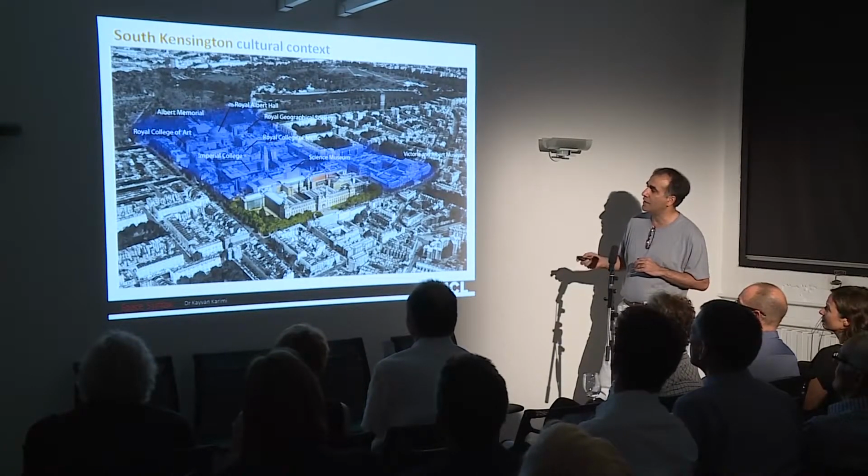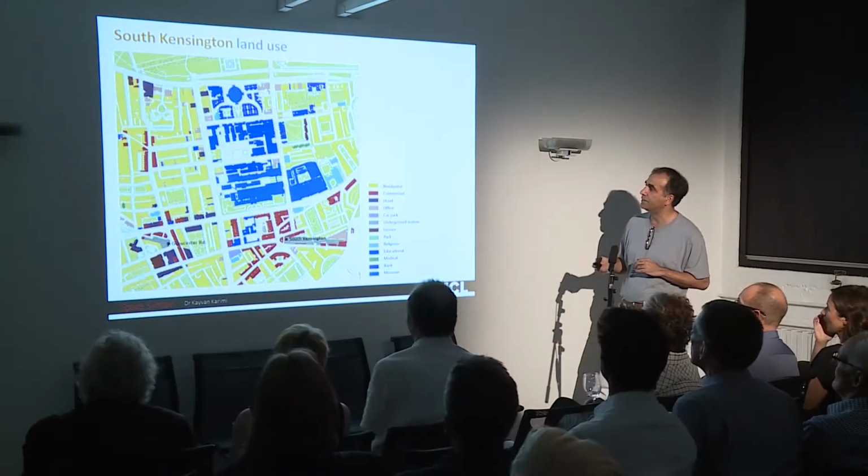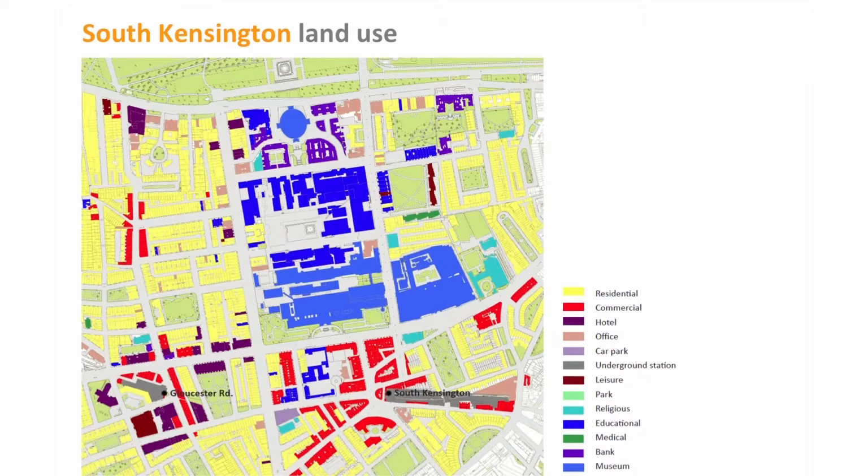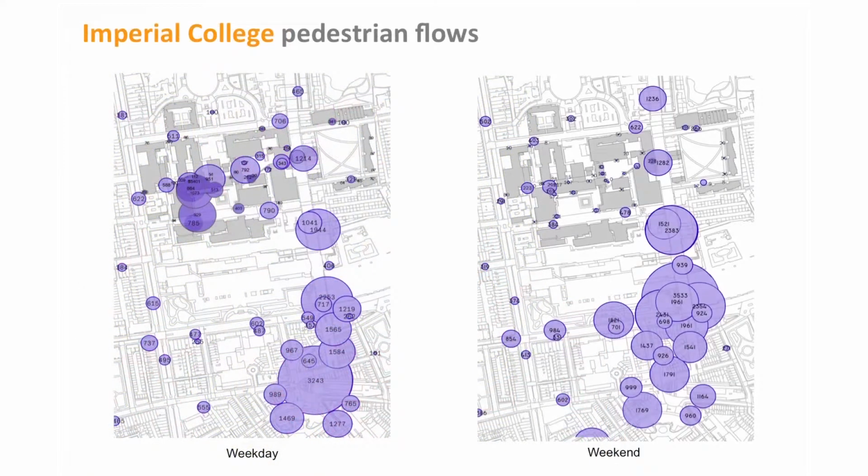And Imperial College, and you have Exhibition Road here. The students looked at land uses and activities. As you see, we have a very interesting mix of users, although they cluster here and there, but it is quite interesting and all surrounded by residential activities. Then they observed the activity of people, pedestrian movement, and these are the flows on weekdays and weekends.